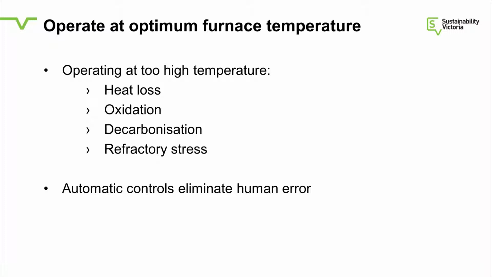Decarbonisation, you can create real problems with that. Refractory stresses, you can do all sorts of problems with running a thing at too high a temperature. So you really should look at trying to optimise the furnace temperature to still do the job, but at the required temperature, not excess levels. And clearly over the last few years, there's been a lot more work in automated control to eliminate human error.